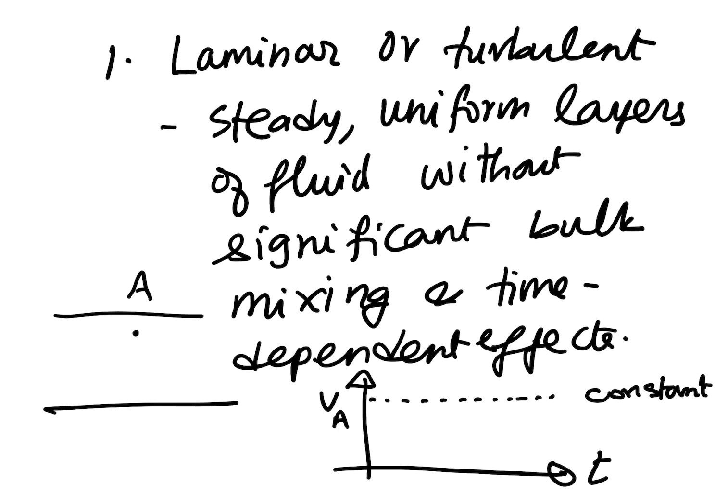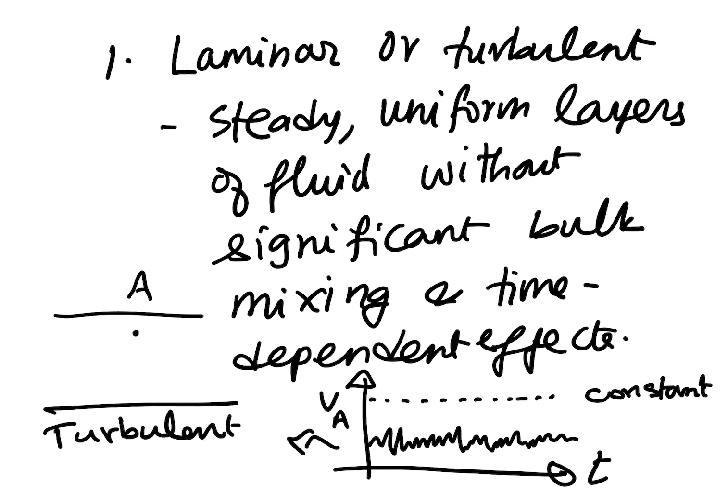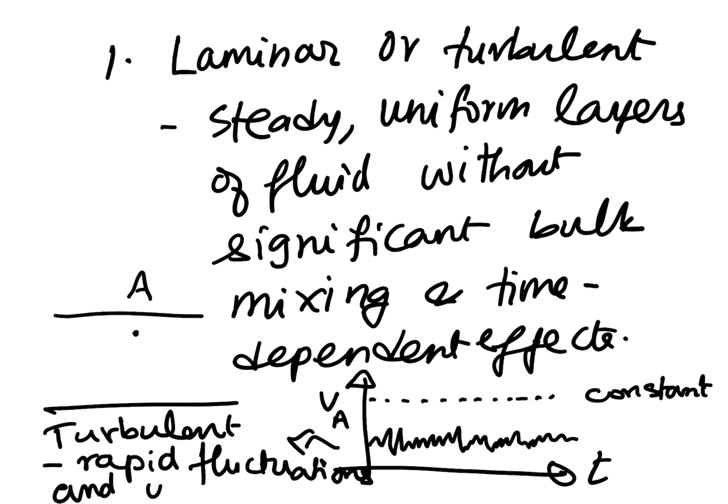Turbulent flow is punctuated by rapid fluctuations in the velocity at that point, with oscillation about a mean. So turbulent flow is the opposite of laminar. It has rapid fluctuations and unsteady effects.